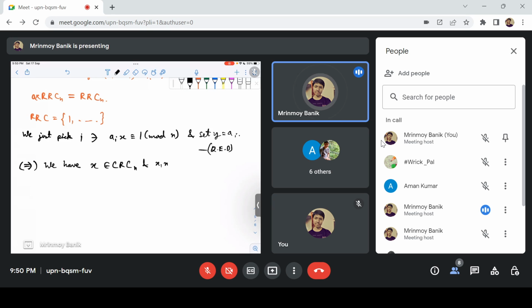And the GCD of x and n is 1. So these two conditions jointly imply that x is in the reduced residue class of n.